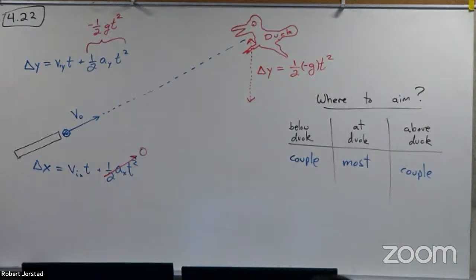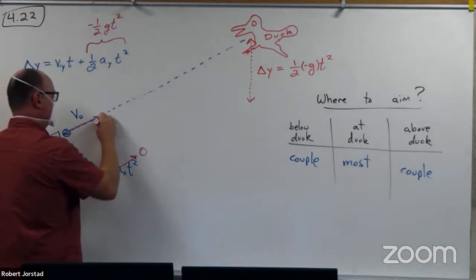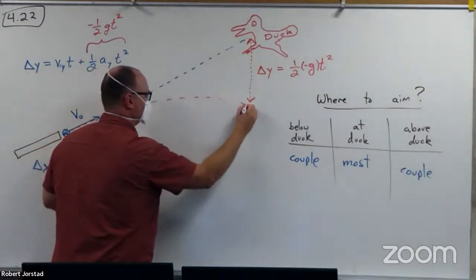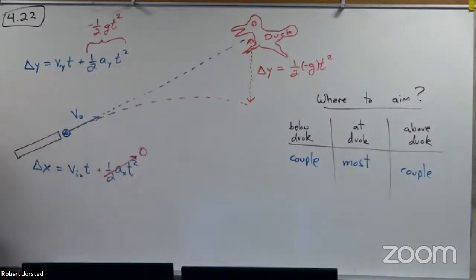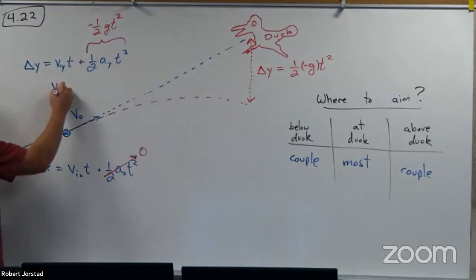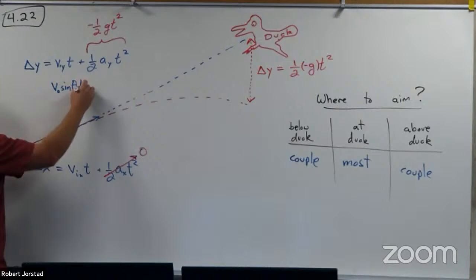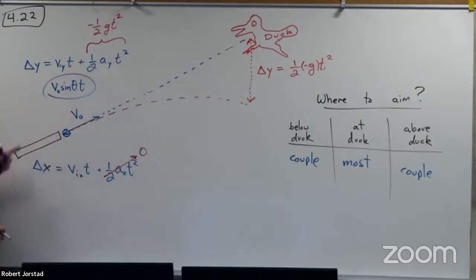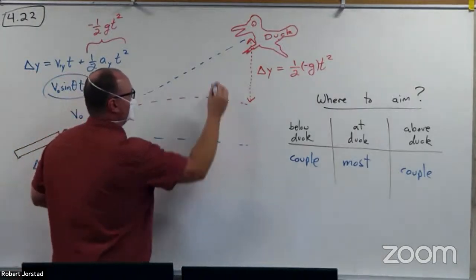The idea is this. When it leaves, it's going to fall below the straight line path. This part right here is v0 sine theta t. This is the part that describes this.